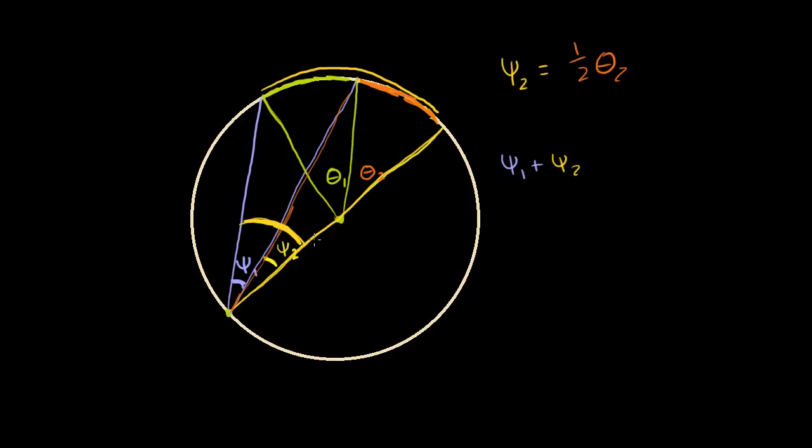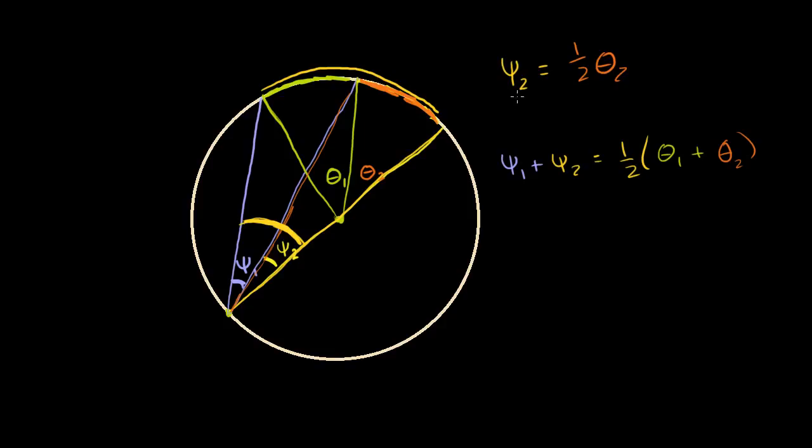So this is going to be 1/2 of the central angle that subtends the same arc. We're just using what we've already shown in this video. So this is equal to 1/2 of this huge central angle, theta 1 plus theta 2. So far, we've just used everything that we've learned earlier in this video.